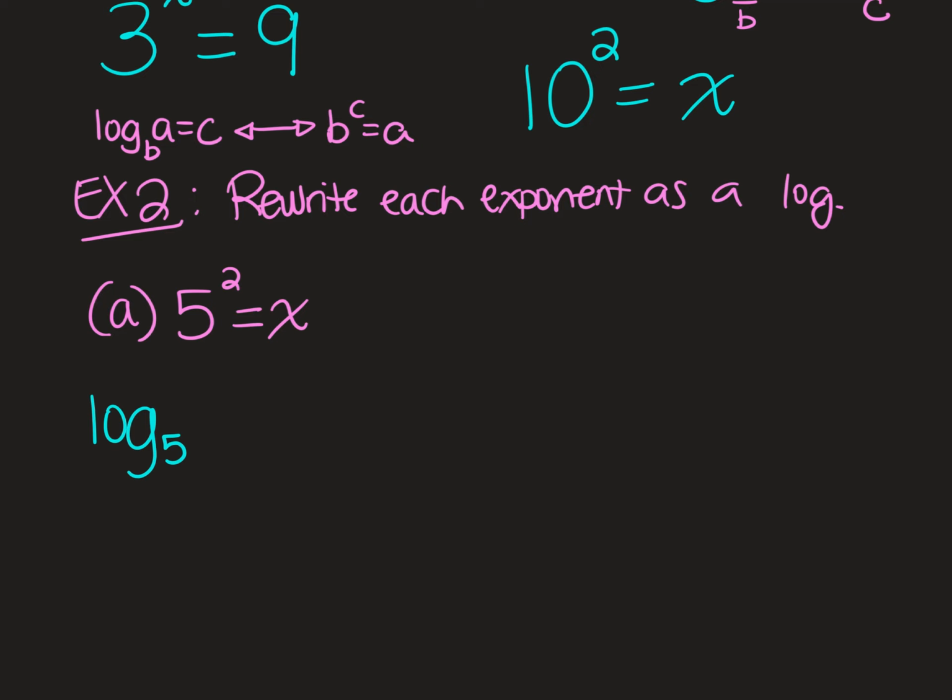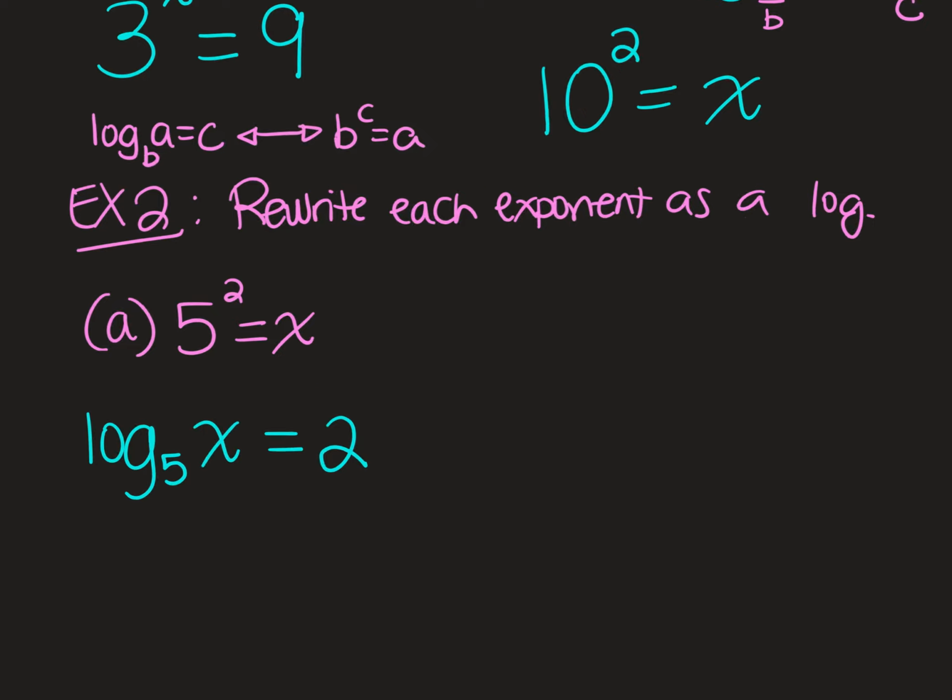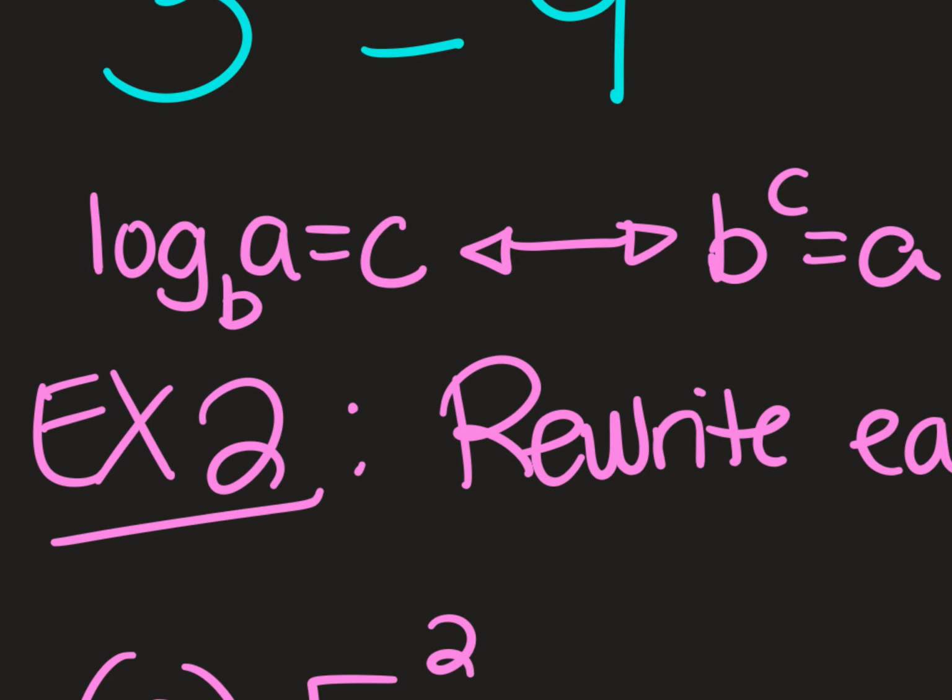Then a minute ago, and I've said this a few times already, a logarithm is always equal to an exponent. So whatever this logarithm is equal to, it's going to be the exponent from my exponential expression. So the log base 5 of something equals 2. Well, the only thing left that we haven't used is x. And you can use that same relationship that we talked about up here, the log base b of a equals c is equal to b to the c power equals a.